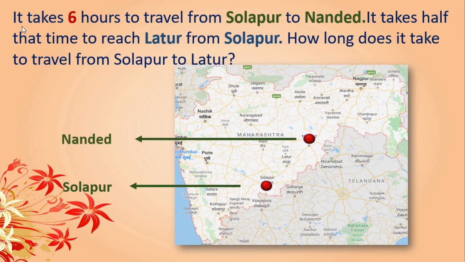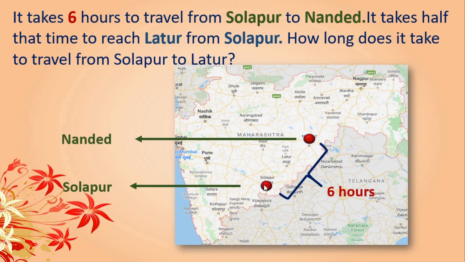What is given? It takes 6 hours to travel from Solapur to Nanded. Solapur to Nanded by bus it takes 6 hours. Next, it takes half that time to reach Latur from Solapur.